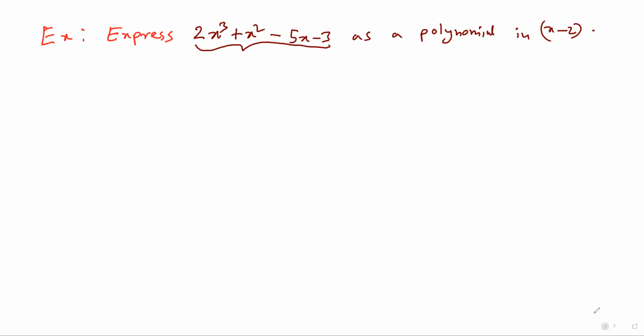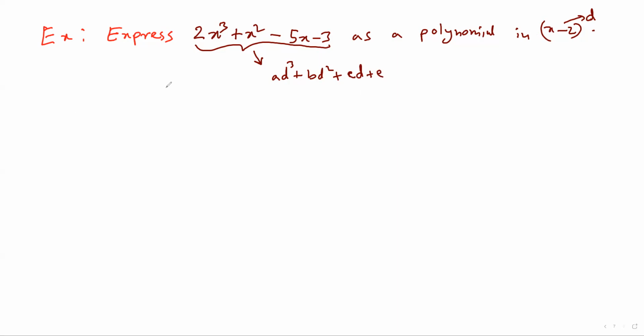So technically, we are dealing with a problem that looks like this. We are being asked to express this guy as something like, if this is considered as d, ad cube plus bd square plus cd plus e, that is in expansion in powers of x minus 2 only.